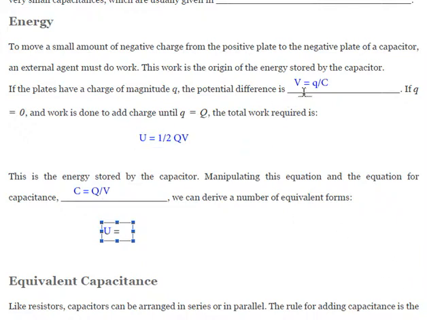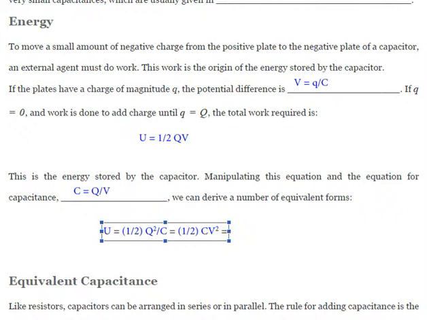Let's say we take the equation solved for V, and we plug in for V, then we'll have 1/2 Q squared divided by C. Another way we could express it is by solving for Q. So Q would be C times V, which would give us 1/2 CV squared.